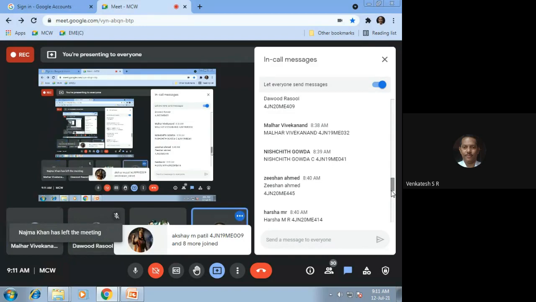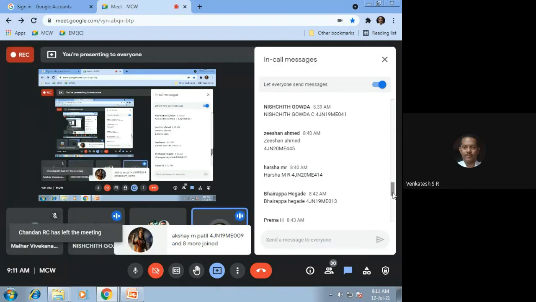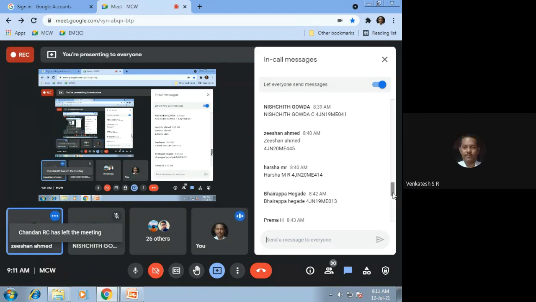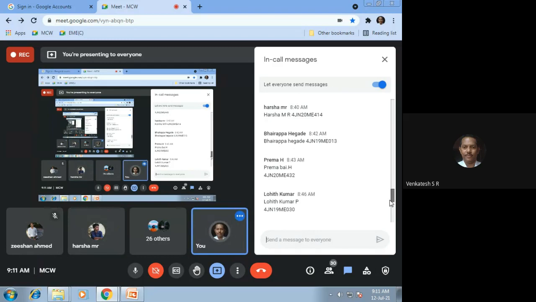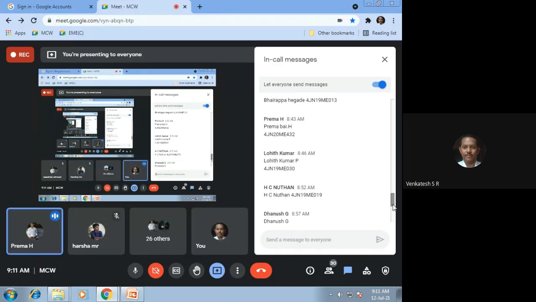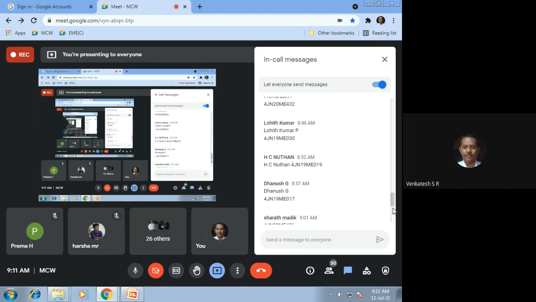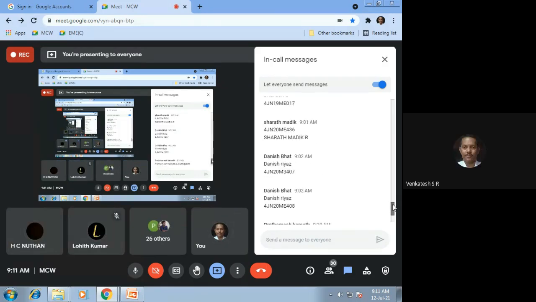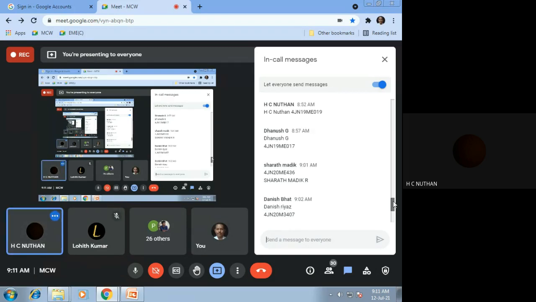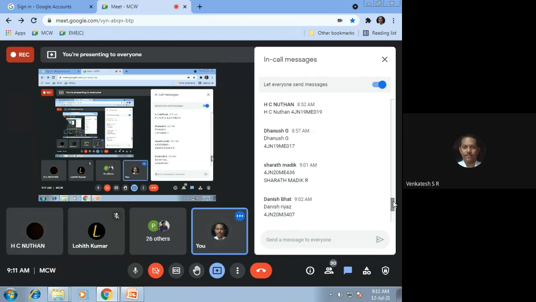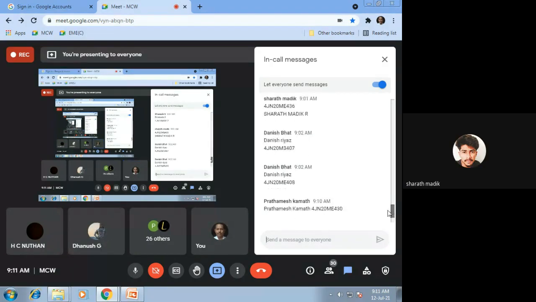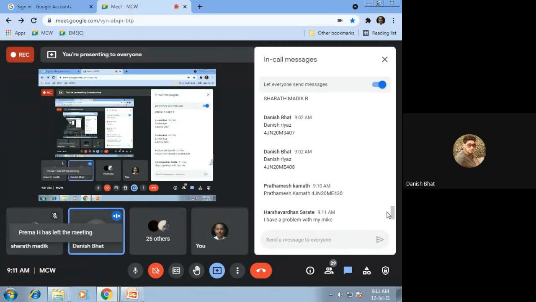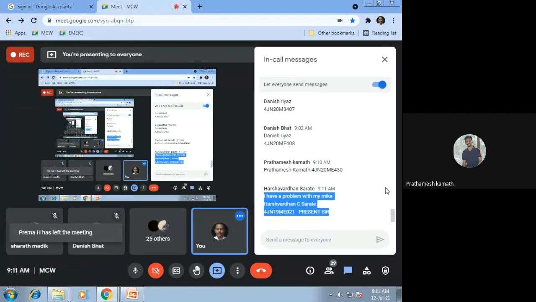Nishchit Gowda. Present, sir. Jishan Ahmad. Present, sir. Harsha MR. Present, sir. Bhairappa Hegde. Prema H. Yes, sir. Lohit Kumar. Yes, sir. Nutan. Present, sir. Dhanush. Sir. Sharath Madik. Present, sir. Danish Bhatt. Present, sir. Prathamesh. Present, sir.